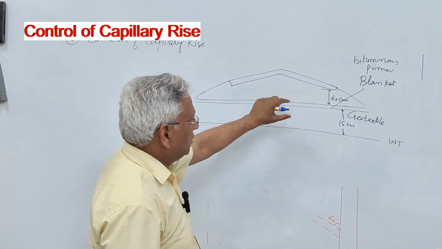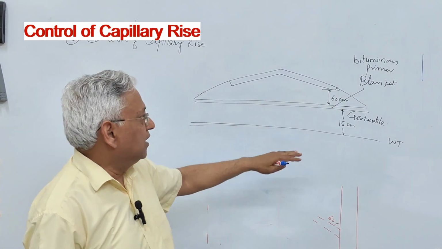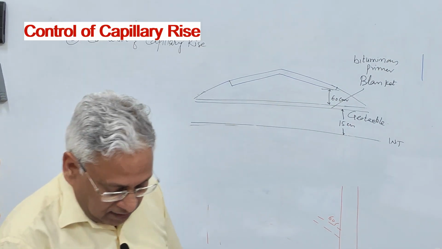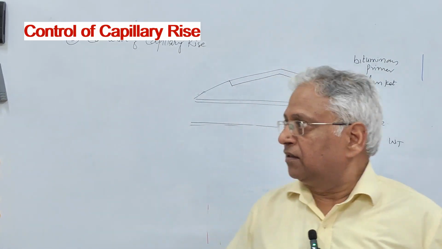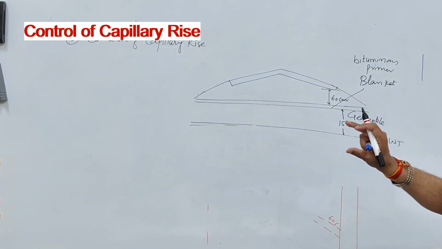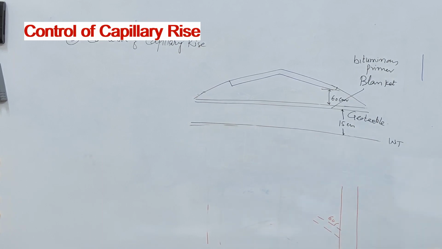That is 60 centimeter below the pavement and at least 15 centimeter above the water table. So these are the methods to control the moisture or to stop the moisture entering into different layers of a pavement or in subgrade soil.